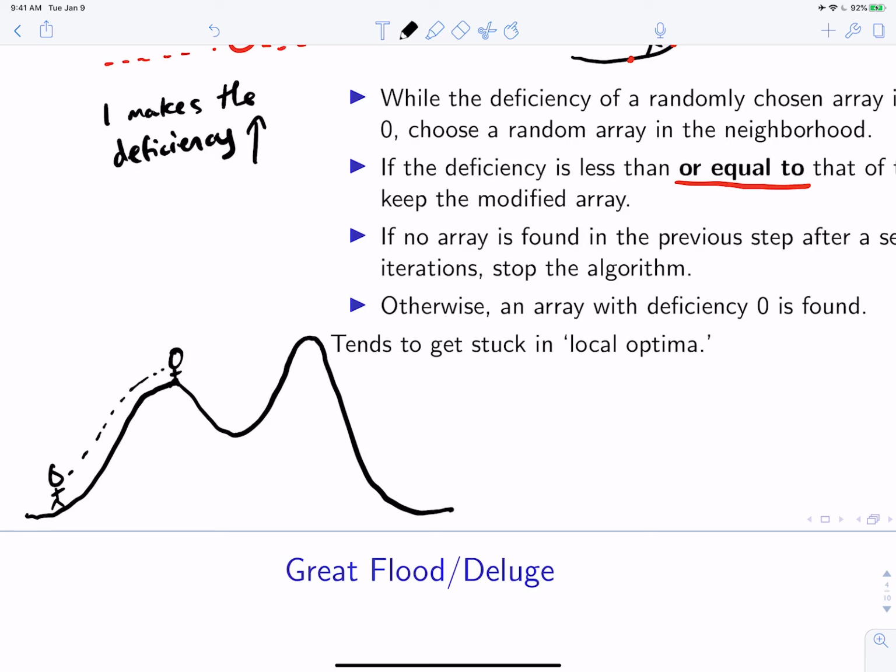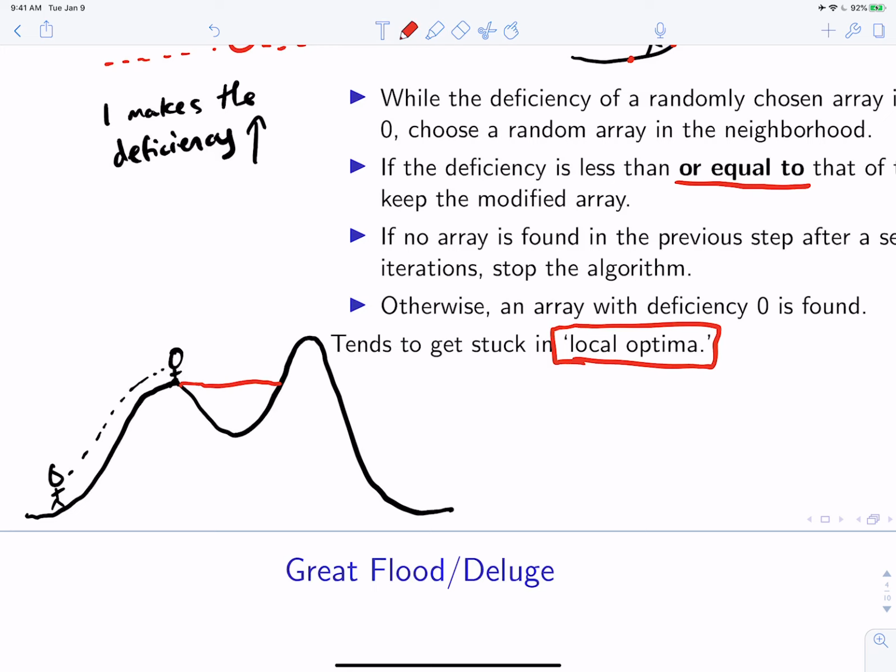What this does is, I already have it here. It allows us to escape what are called local optima. And by that, it means, in terms of our picture, this allows us to instantaneously travel horizontally across the hills to the same height, because the deficiency is exactly the same.